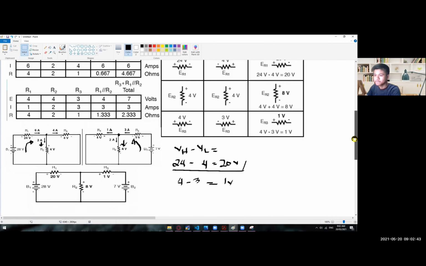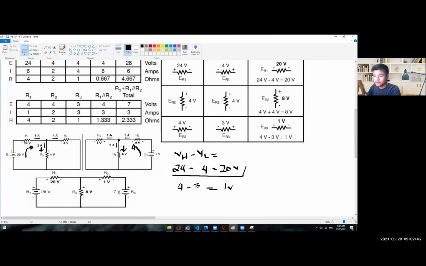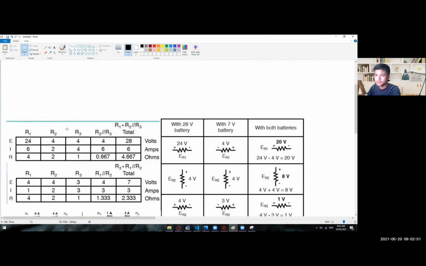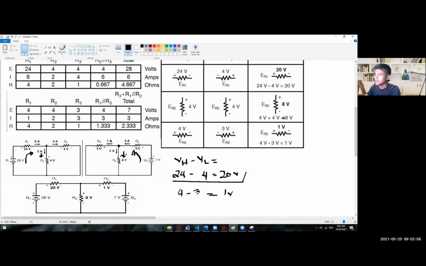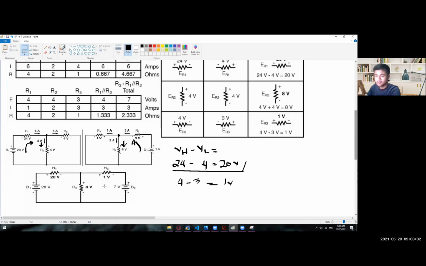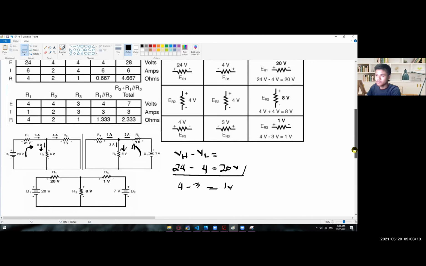We still have the 28 volts and 7 volts, but once you combine their voltage drops, we have 20 volts for R1, 8 volts for R2, and 1 volt for R3. These are now the final voltage drops across this entire circuit. Were you able to follow so far?